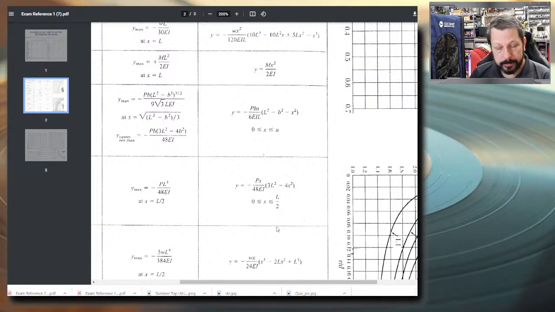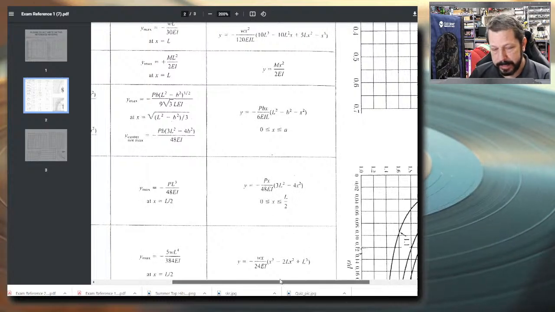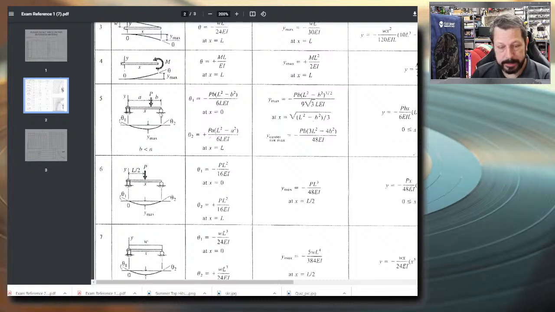The only issue, which is totally fine, both of those are totally fine ways to do it, except this equation is going to give us some problems because this equation is the mirror of what we actually need. So we have the mirror image of this. Ours has the point load closer to the left side versus this one closer to the right side.